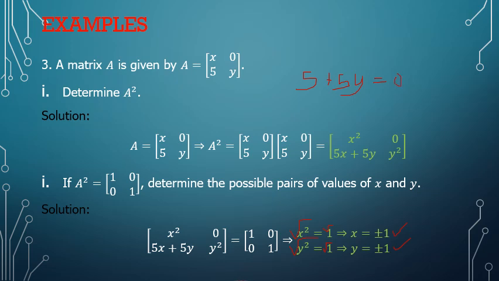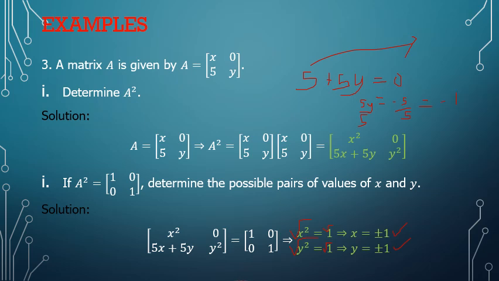Now if we subtract 5 from both sides, we get that 5y equals -5. So you divide both sides by 5, and you'll get y as -1.